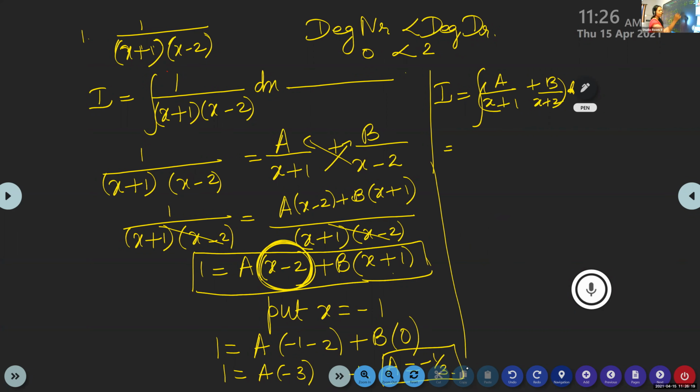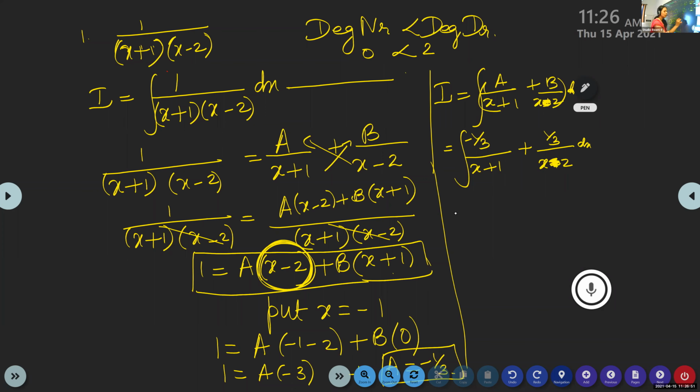Substitute the value of A. B is 1 by 3 and A is negative 1 by 3. So it is minus 1 by 3 by x plus 1, plus 1 by 3 by x minus 2, into dx.